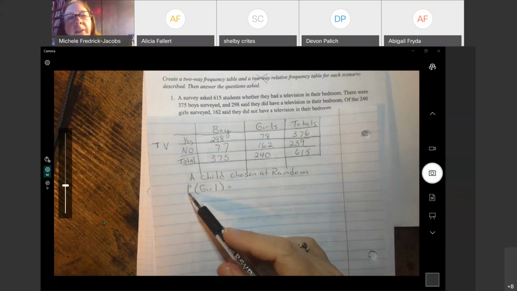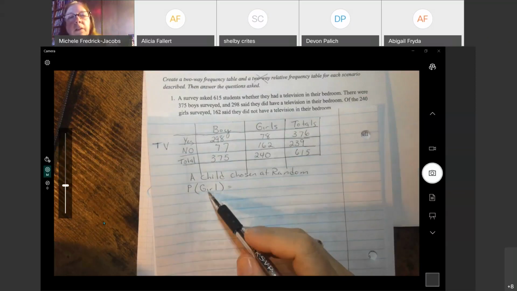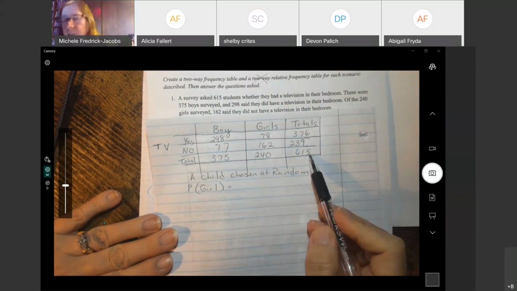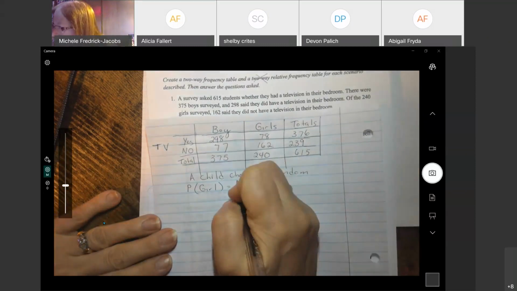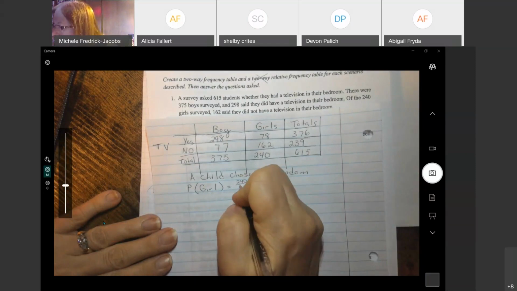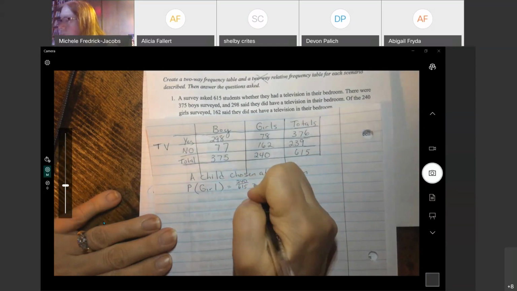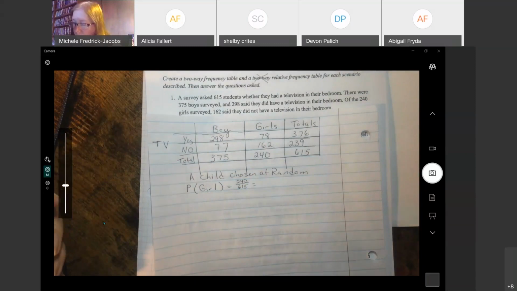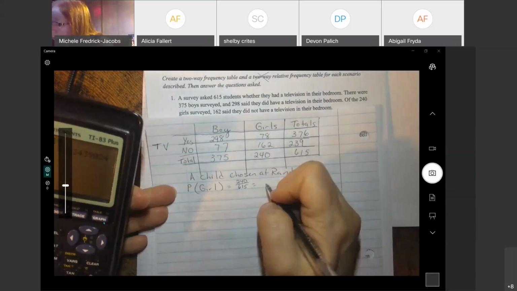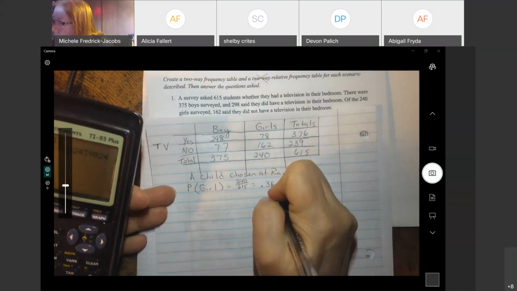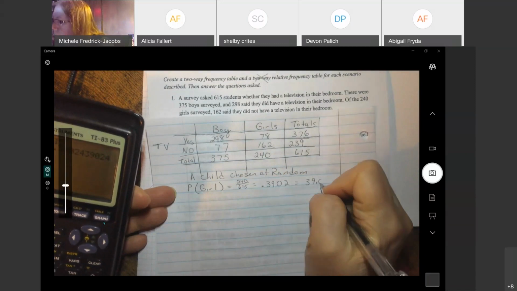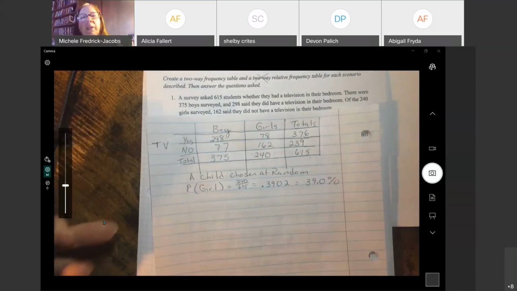So the probability that it's a girl, there's 240 girls out of the 615. 240 divided by 615. So 39%.